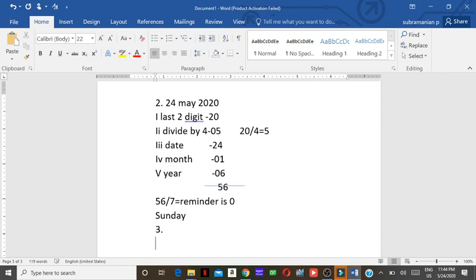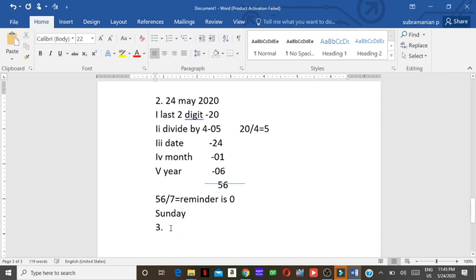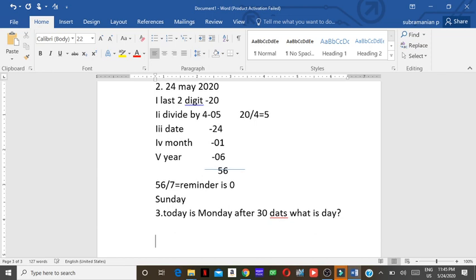Third question. We are moving on. This is a different way of question. Today is Monday. After 30 days, what is the day? This is a very easy question. We have to take the 30 days given and divide by 7.